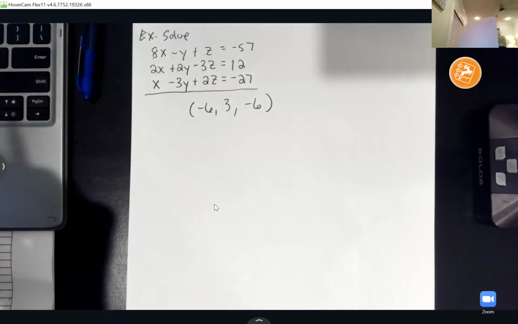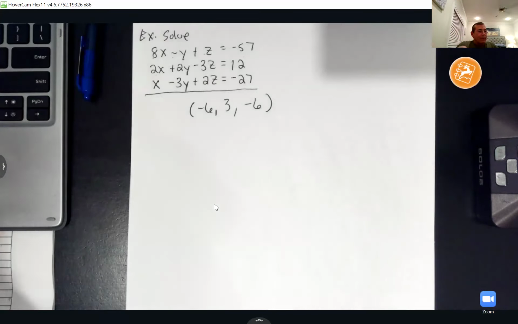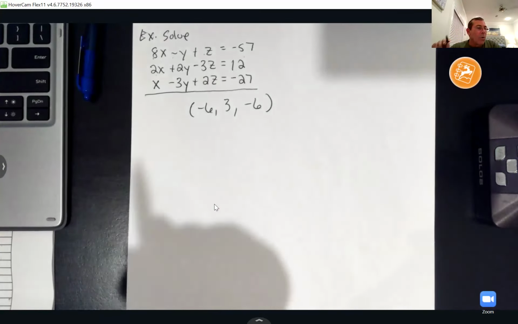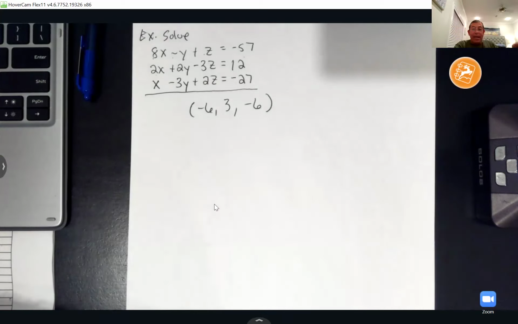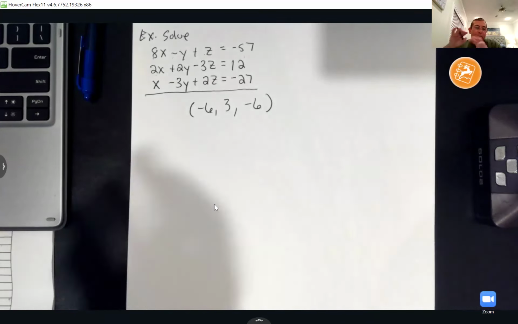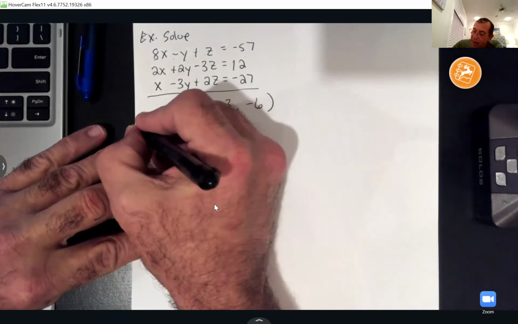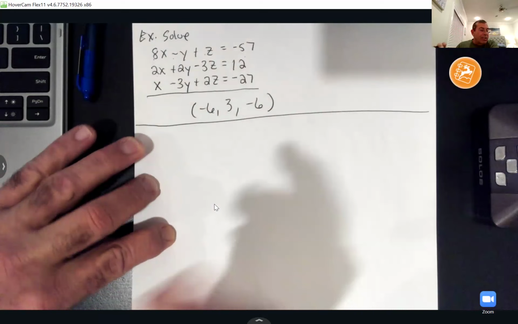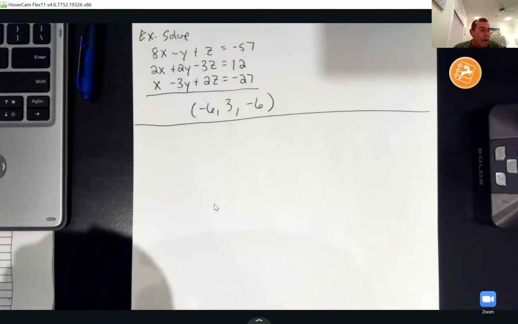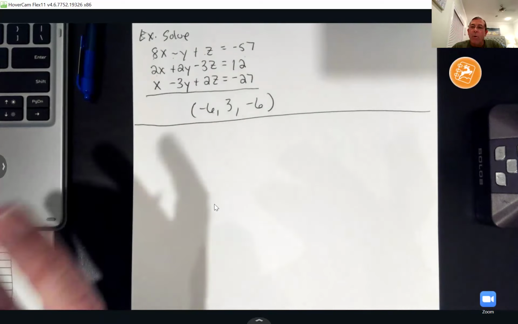All right, so now what we got coming up on next class, we're going to do 3-6 and 3-7. But what I'm going to do is the 3-6 support now. And it's not bad. 3-6 support goes over getting you ready for word problems.